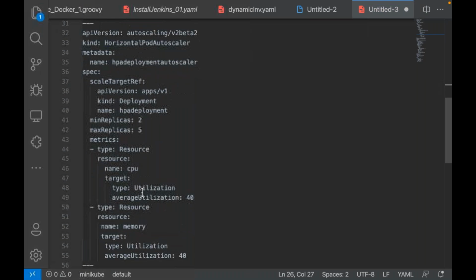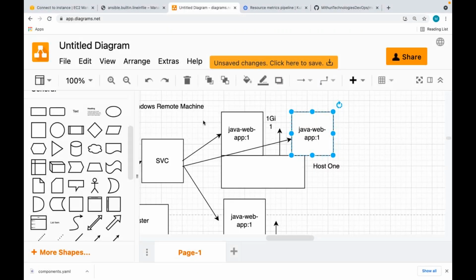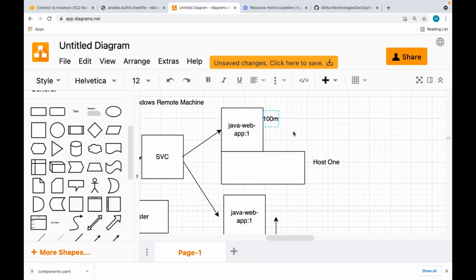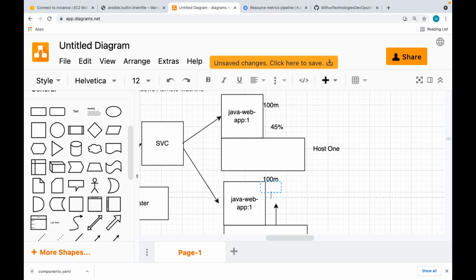Now it is an average. It is the average of your pods, not a single pod. Let's say now I have set 100 millicore as limit. Let's say this one has reached 45%, and this one has just reached 20%.